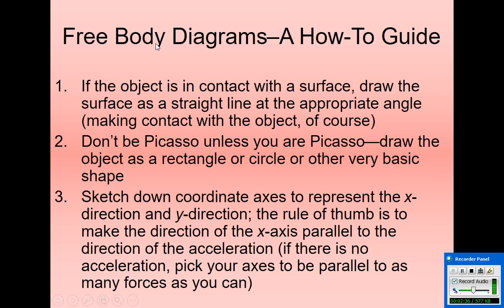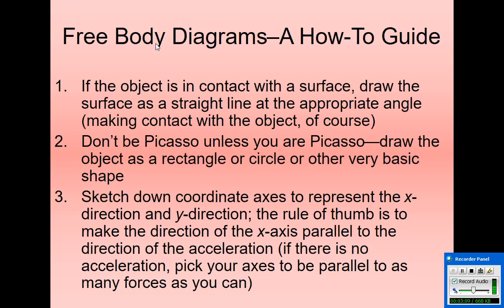Once you have the surface and the object, the next thing I would do is, off to one side or the other, sketch in a small pair of Cartesian coordinate axes, an x-axis and perpendicular to it a y-axis. Now, the tricky part is figuring out the orientation of that axis. The x-axis doesn't have to be strictly horizontal and the y-axis vertical.